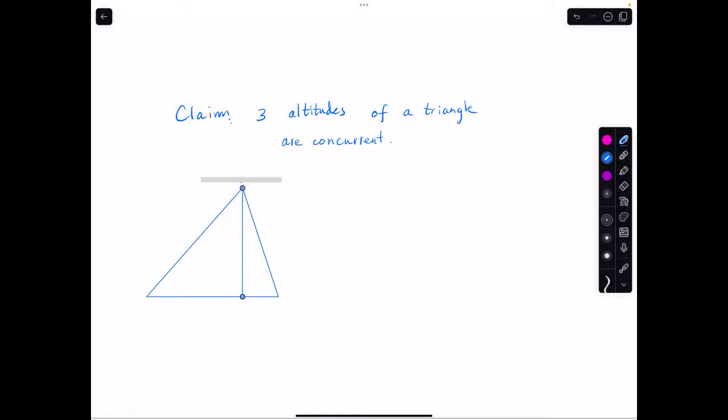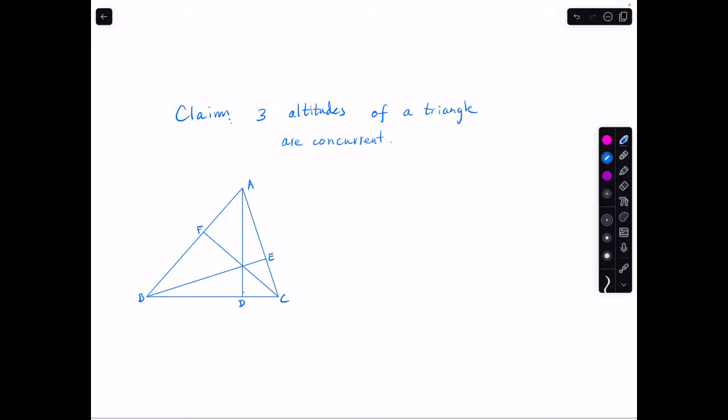And this one would be somewhere here, hopefully. Is it perpendicular? Almost. And the other one would be. The three altitudes. So I have A, B, C, D, E, F.